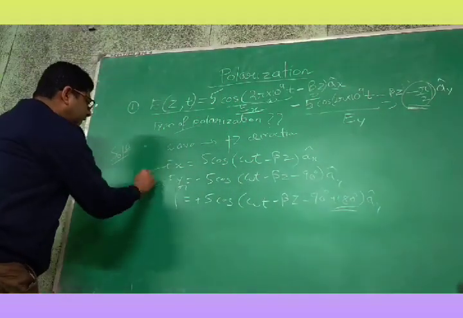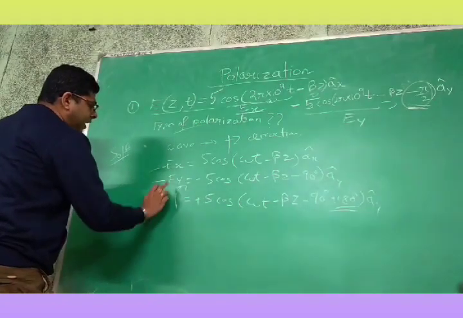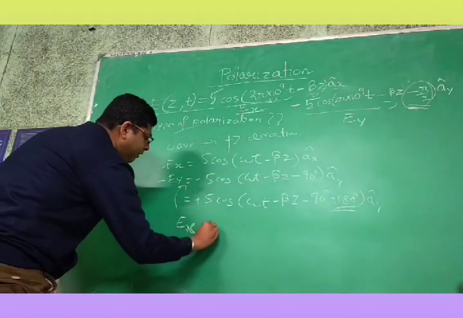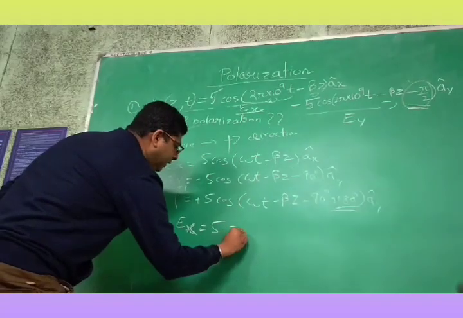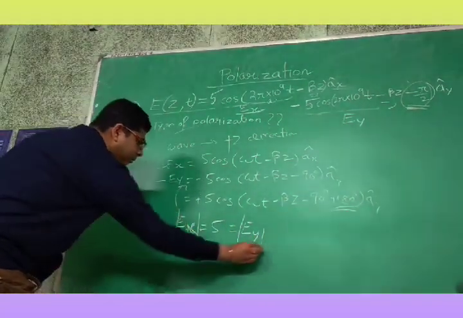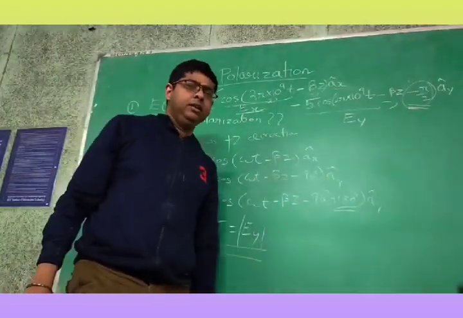Now you can see this Ex and Ey. What are the magnitudes of this and this? Ex is equal to 5. Ey is also 5. So this is equal to the Ey magnitude. That means, now predict whether it is circular or elliptical.